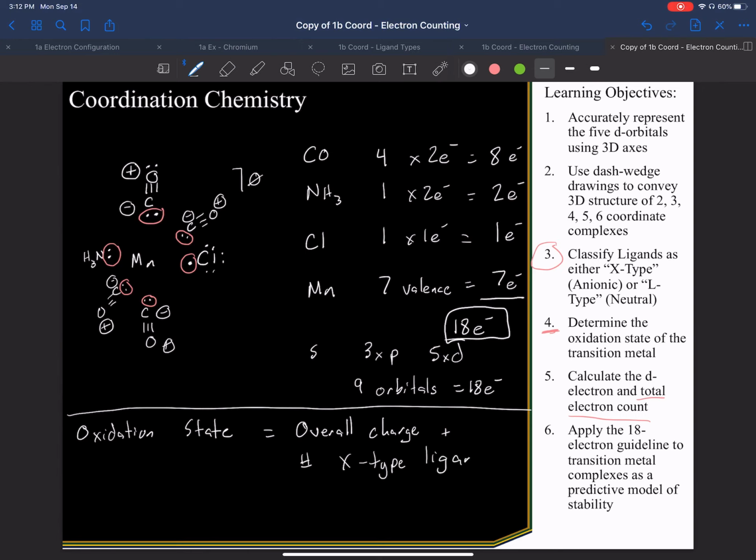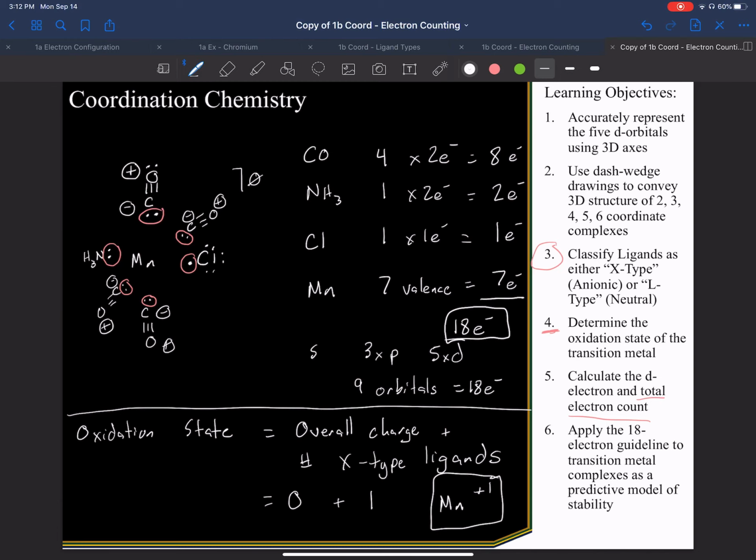So the overall charge plus our number of X-type ligands. Right? So for this particular manganese example, this would be 0 plus 1 because our chloride is our only X-type ligand. So the oxidation state of manganese, in this case, is formally plus 1.